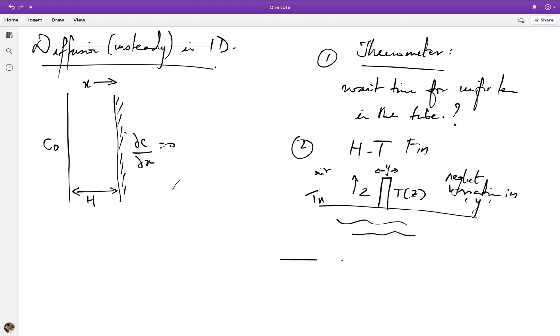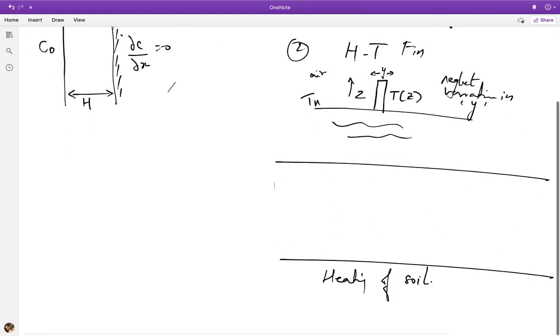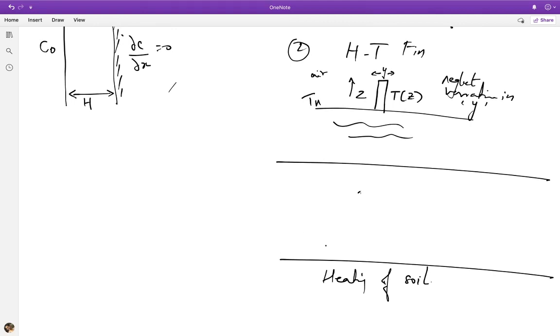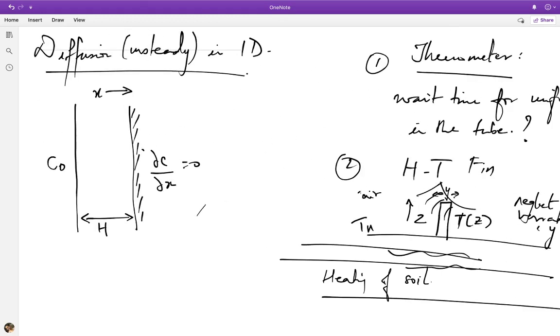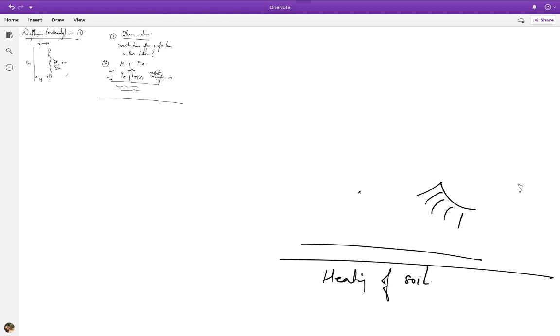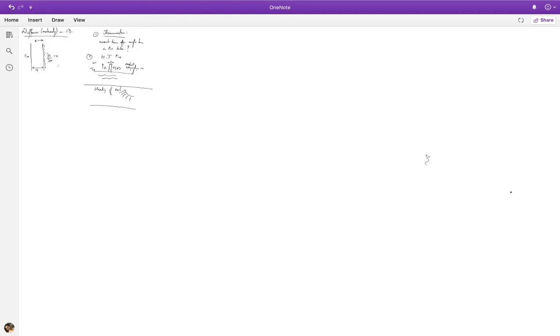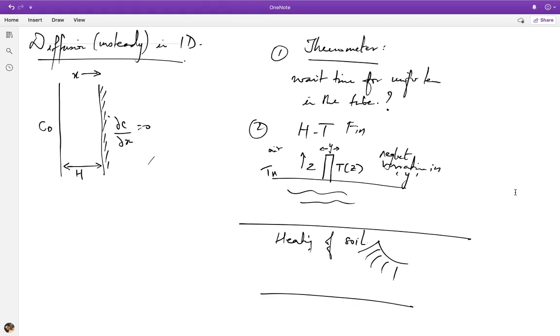So a classic example of this is heating of soil below the ground. So we have the ground here.